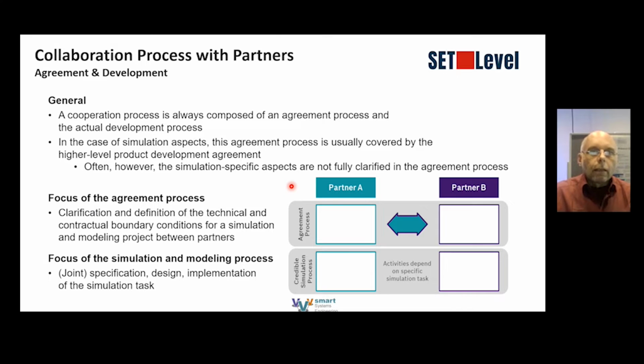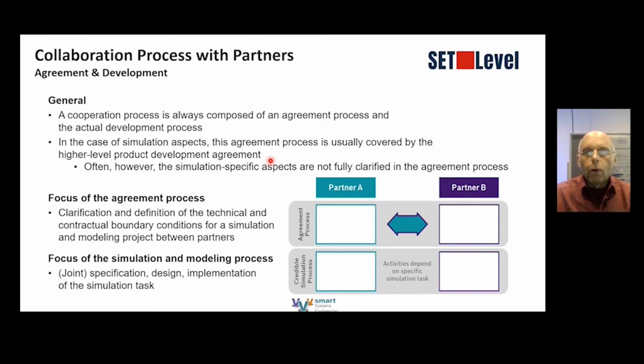The collaboration process is therefore always composed of an agreement process and the development process itself. The focus of the agreement process is the clarification and definition of the technical and contractual boundary conditions for a simulation between the partners. The focus of the simulation modeling process is the joint specification, design and implementation.